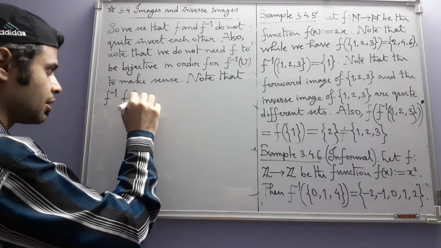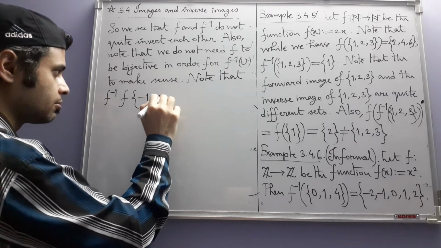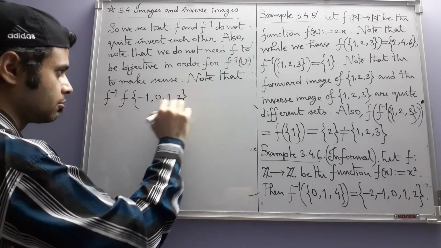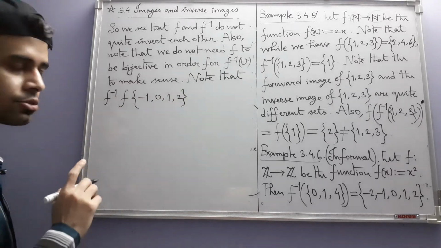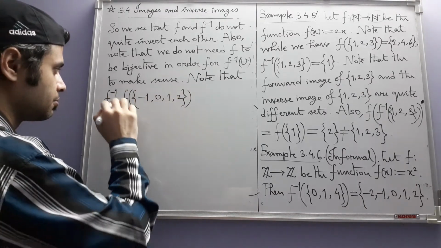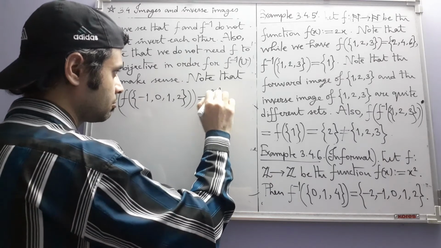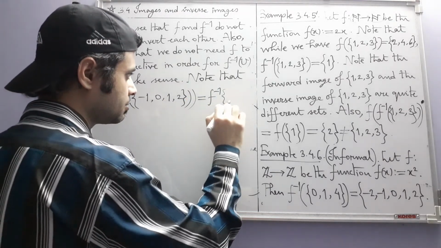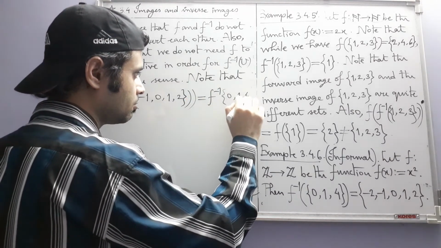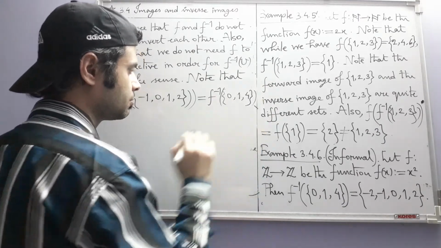So image of what? Let us take this set. Keep in mind that our function is the square function. So this set is {0, 1, 4}.